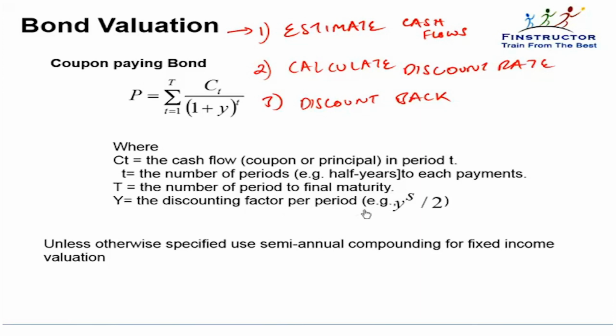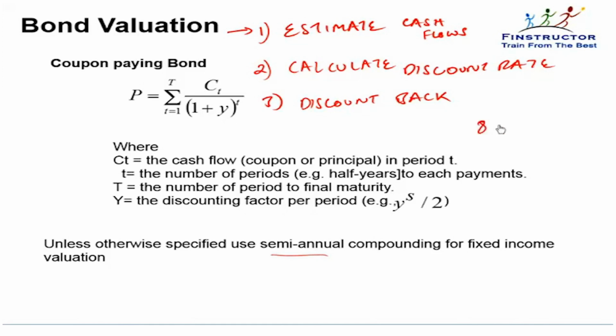Please note that unless otherwise specified, in questions on bonds, we will assume semi-annual compounding as a rule of thumb. That is, we will assume coupon is paid twice a year, once at the end of every 6 months. And the corresponding discount rate is also semi-annually compounded.